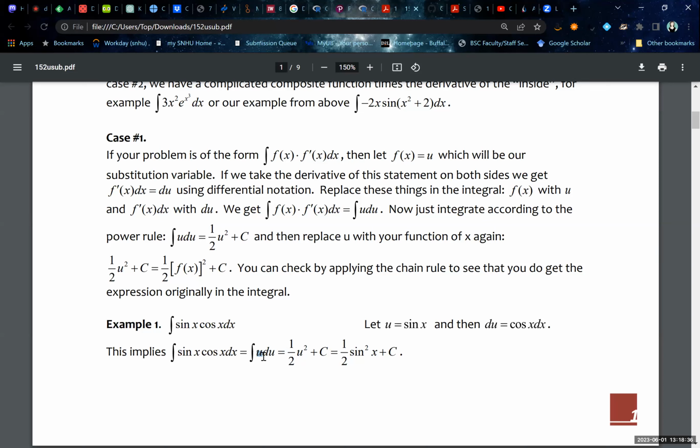And now u du is just essentially a power rule. Raise the power by 1, divide by the new power, add c, and then you replace the u with the original substitution that you made. So u squared becomes sine squared x.